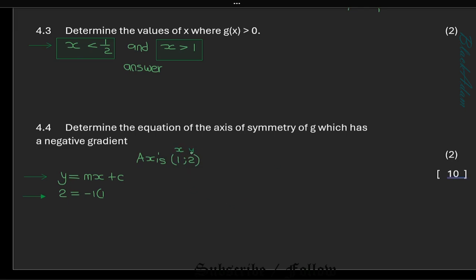So x and y values for the axis point, and then we have plus c. Solving for c is going to be 2 plus 1, so that's 3, so c is going to be 3. Now with c and the gradient value we write the equation. So our equation is going to be y equals negative x plus 3.